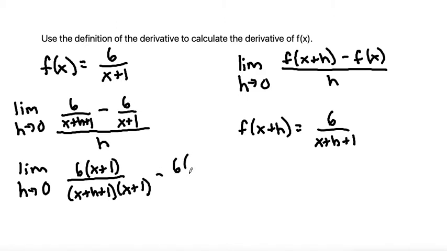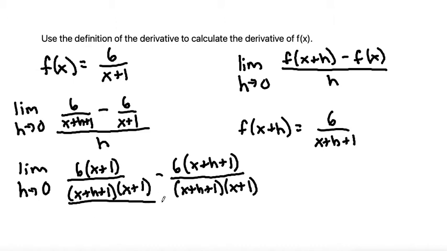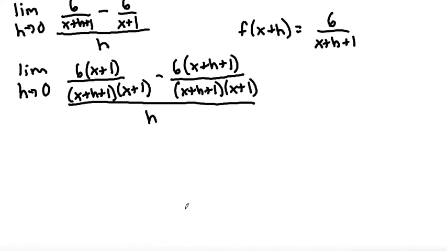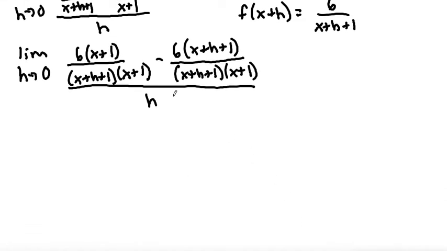So that will make 6 times x plus h plus 1 over the common denominator. And we can write all that over h. From here, I know this is going to be kind of long, so just bear with me. We need to distribute out the numerators of our fractions, but I find it easier to leave the denominator in the factored form.